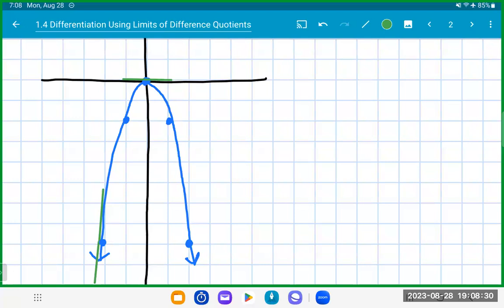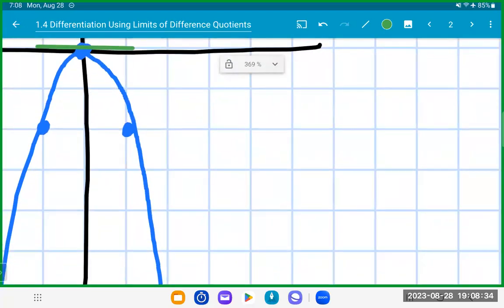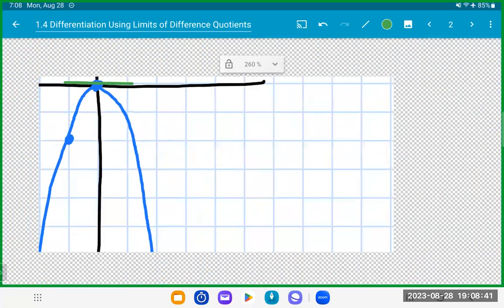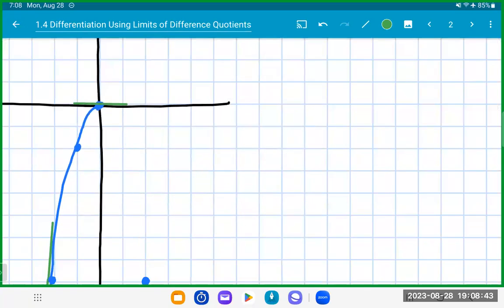And our tangent line at +1, let me actually just put, so you can see our graph.